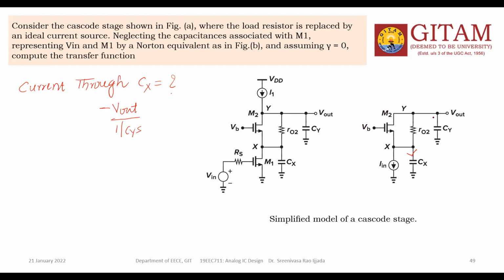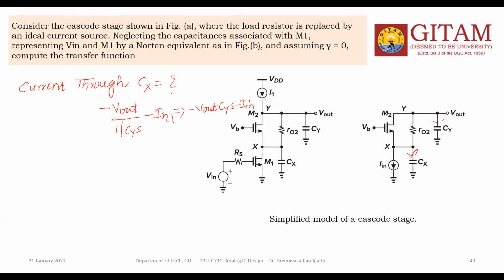This is the current through this one, and one more current is Iin. This current minus Iin is the current flowing this side, so the current to Cx is equal to minus Vout times Cy s, minus Iin.